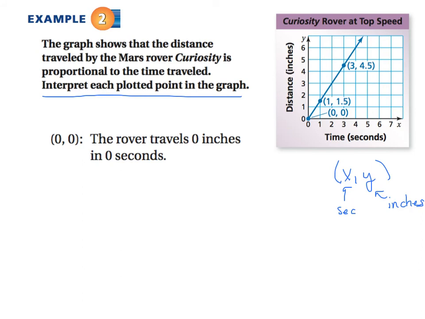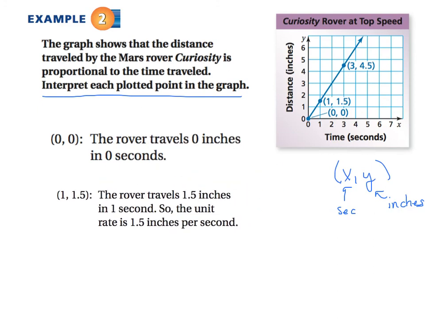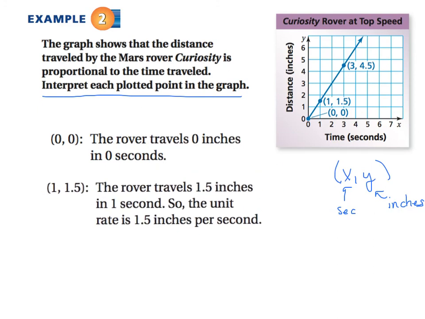So what does 1 and then 1.5 mean? Well, 1 and 1.5 would mean that the rover travels 1.5 inches after 1 second, which is important because the denominator is 1, that is the unit rate. So the unit rate is 1.5 inches per second, which is telling you what? It's telling you the speed.